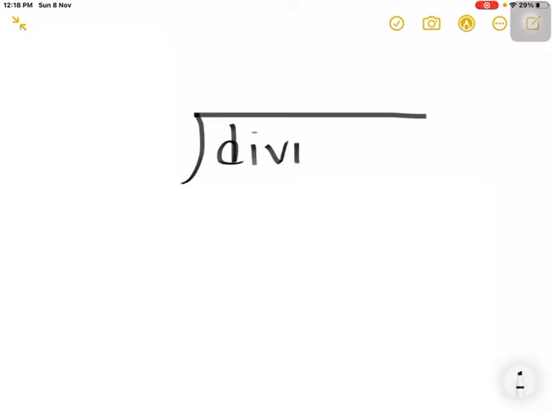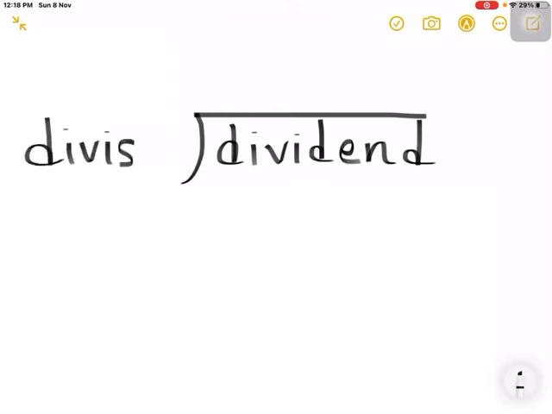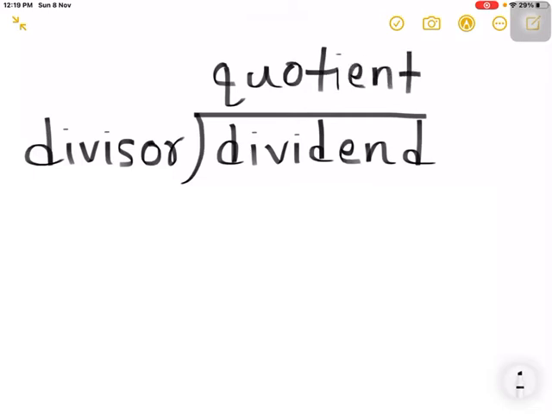Okay, test of divisibility. So first of all, let us go to this structure: dividend, divisor, quotient, and at last remainder.